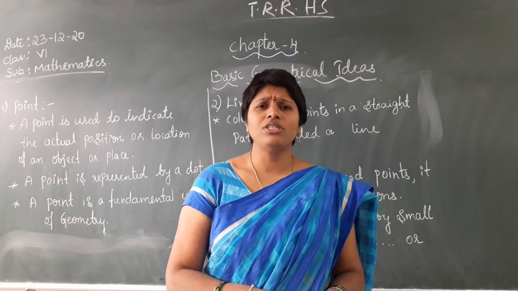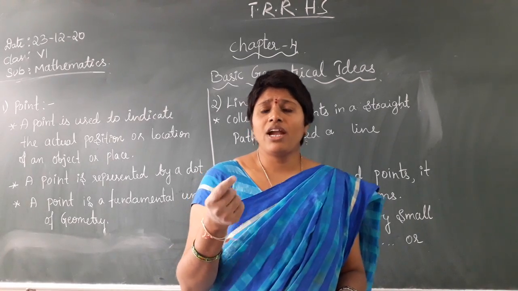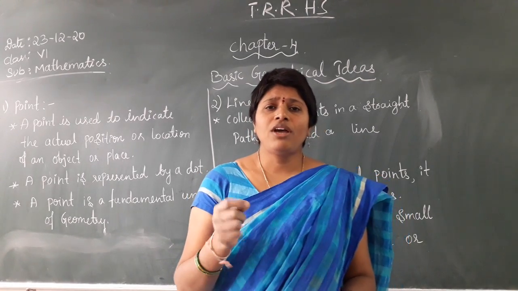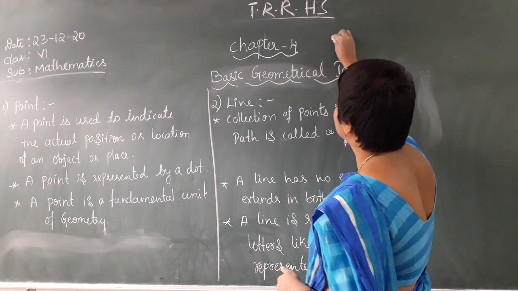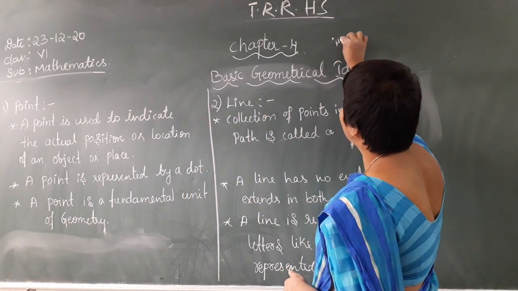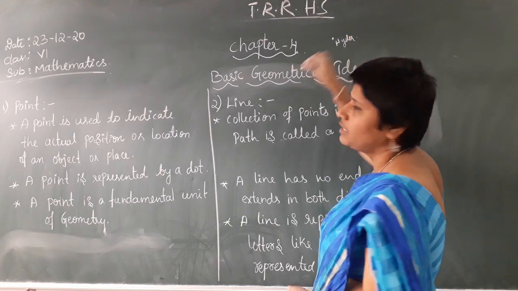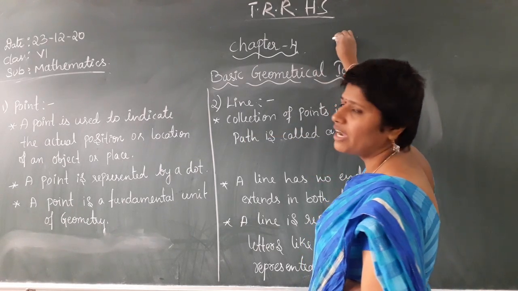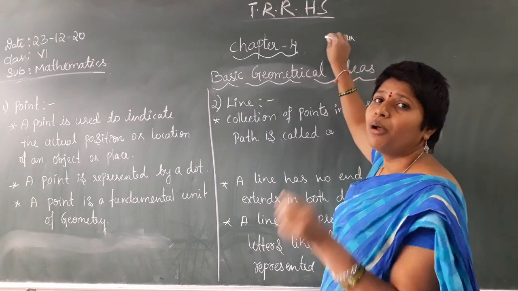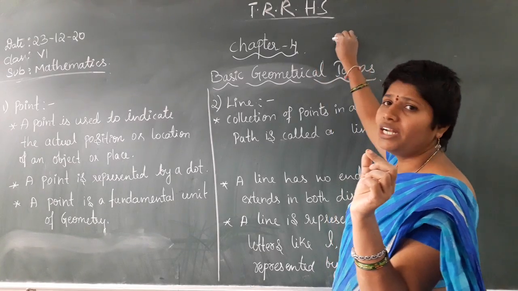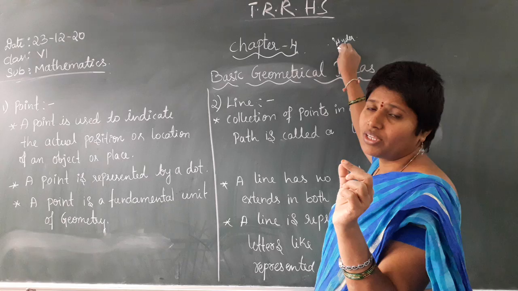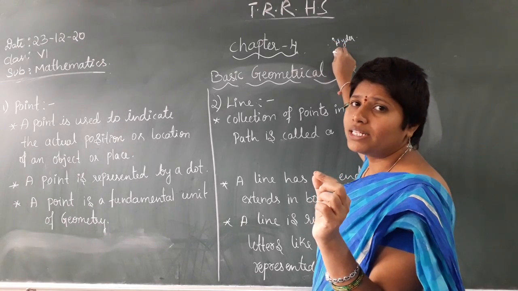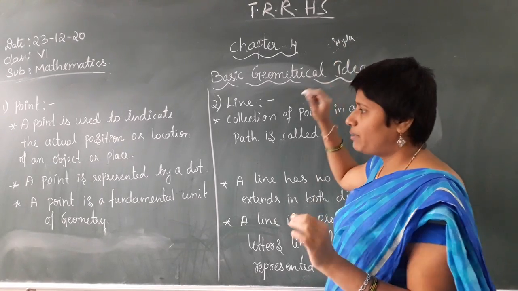Suppose I want to locate where Hyderabad is. If you have seen the map, there you will find a black dot, and here it will be written as Hyderabad, right? So what is this black one? This is nothing but your point. This point is representing some place, some location.